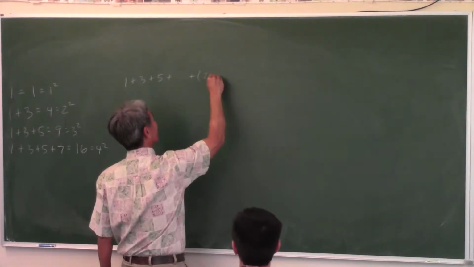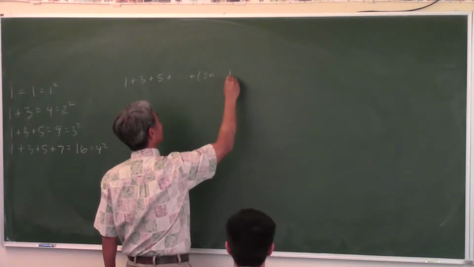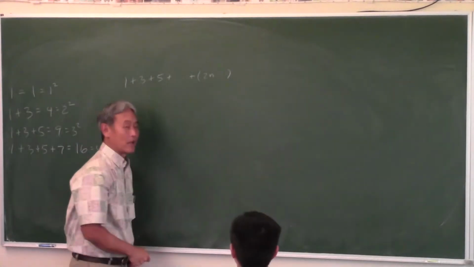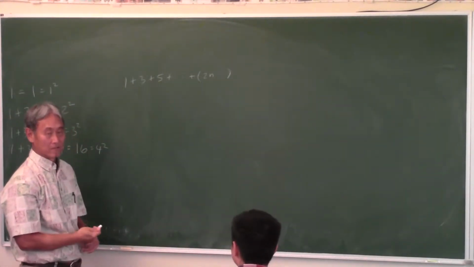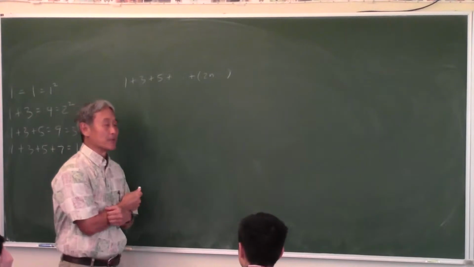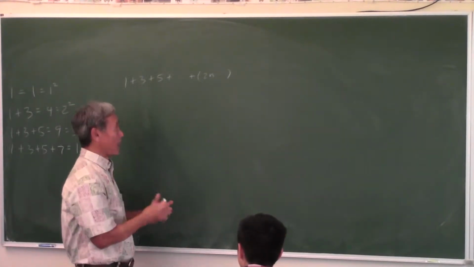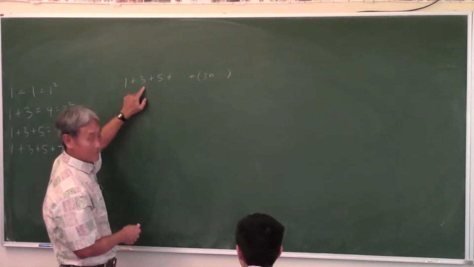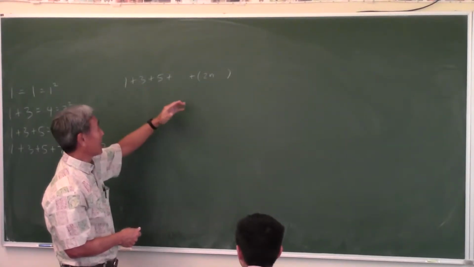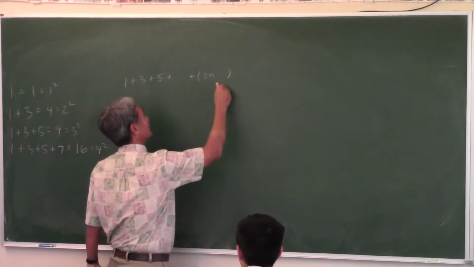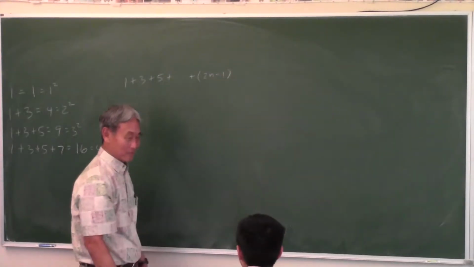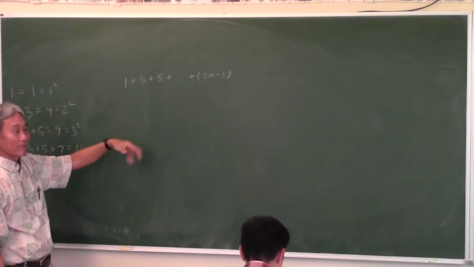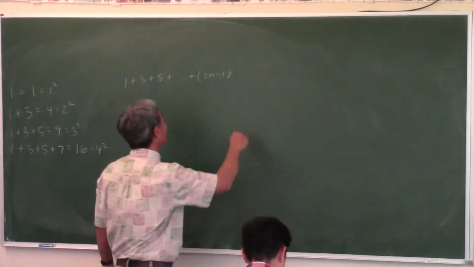It's 2n minus 1, not 2n plus 1, because when you add positive odd numbers, the first is 1, then the second, the third. So the nth one is 2n minus 1, like the explicit formula for the odd numbers.